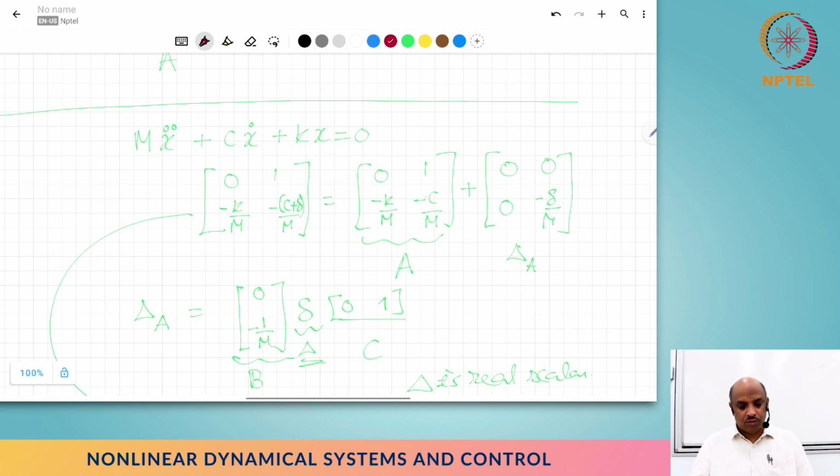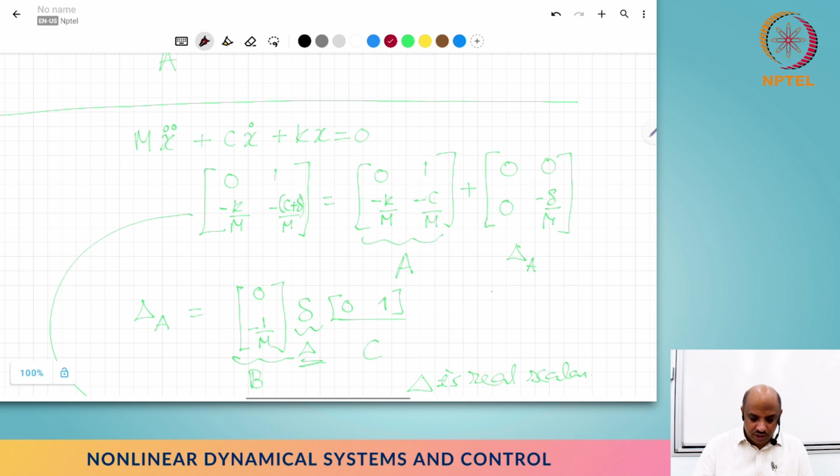But if we somehow know that c is not known exactly, so c is probably between some low value and some big value, then we could rewrite this as some average value plus some uncertainty delta, right? Which makes this particular matrix A as A plus delta sub A, and this delta sub A can be written as B delta C, where delta is kind of isolated in the middle, right?